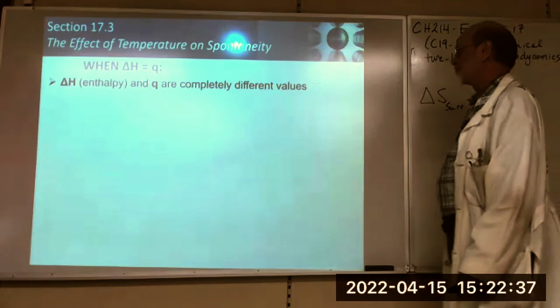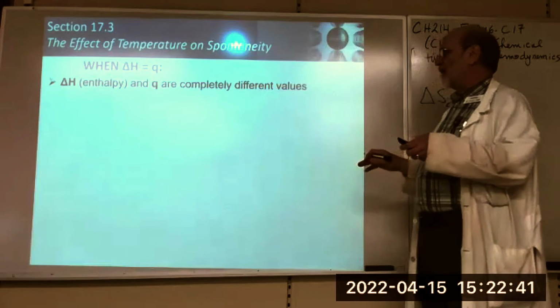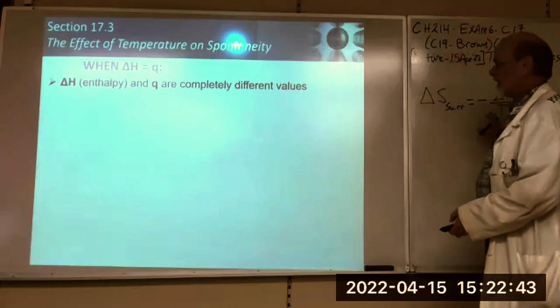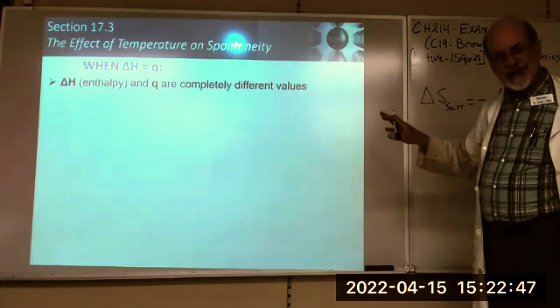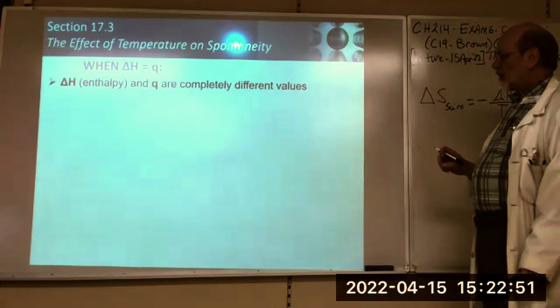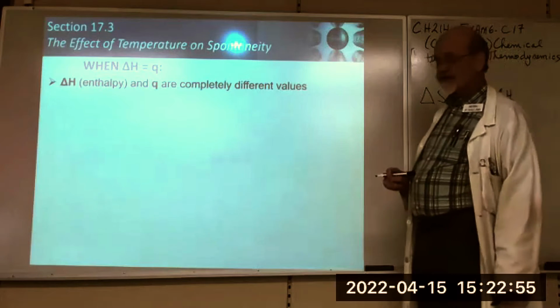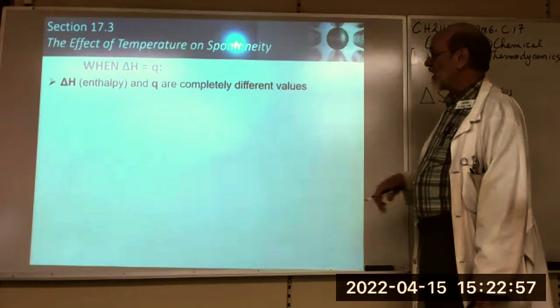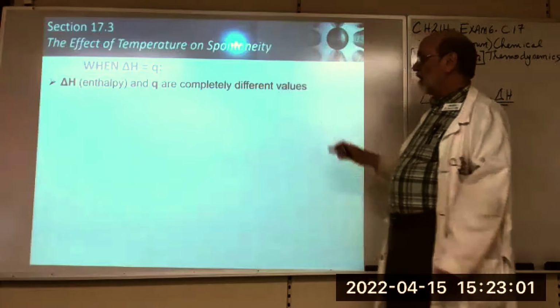Okay. I mentioned this earlier without explaining it. Delta H is enthalpy, and Q is heat, actual heat movement. So there is a difference. They're not the same thing. They're related, but they're not the same. Delta H enthalpy, Q heat, they're different values.